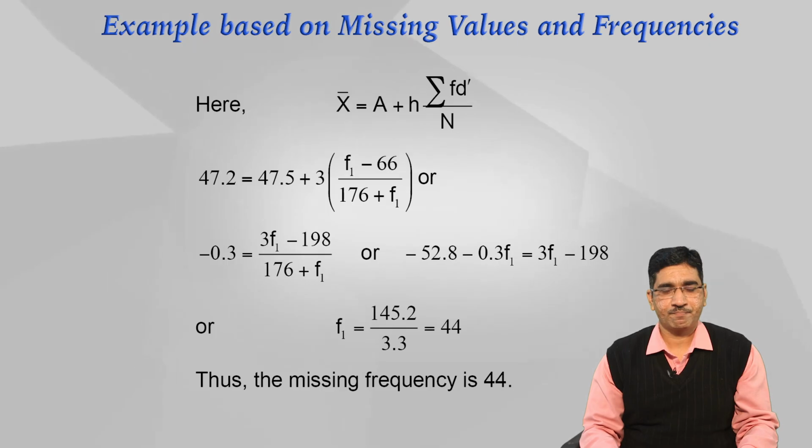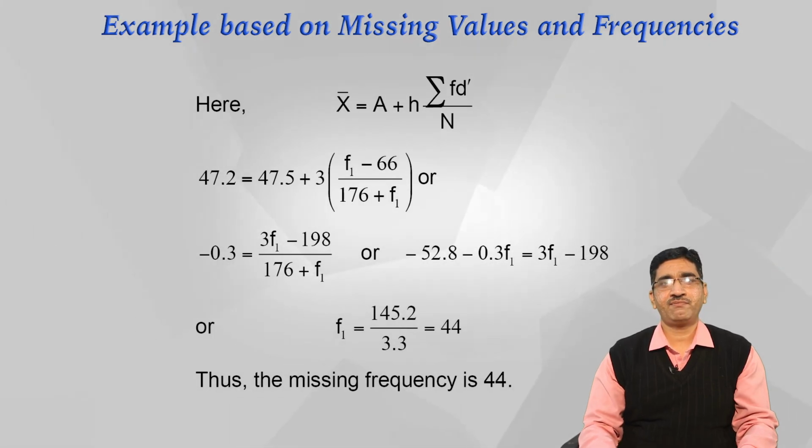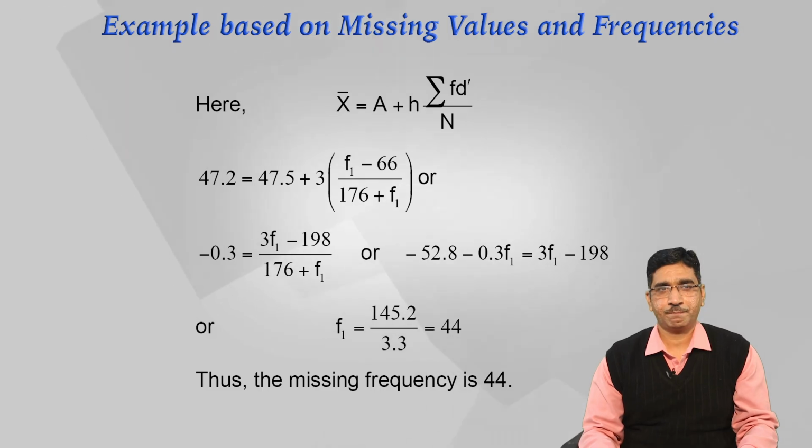So, this is the method if we have a missing frequency problem. We calculate the total of all frequencies and the sum of the multiplication of the deviations with their corresponding frequencies, put in the values, and get the missing frequency.